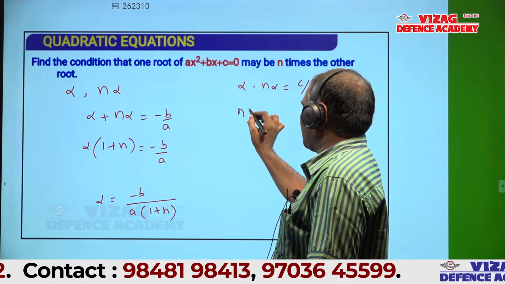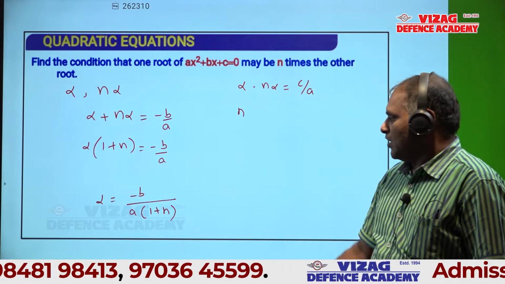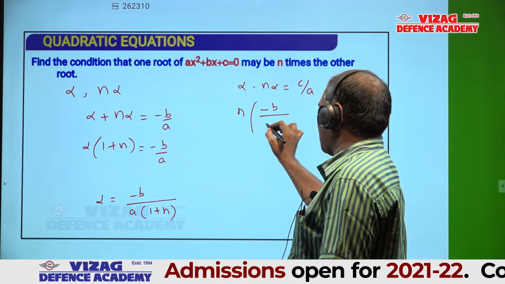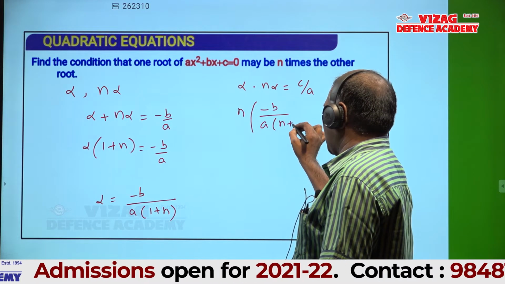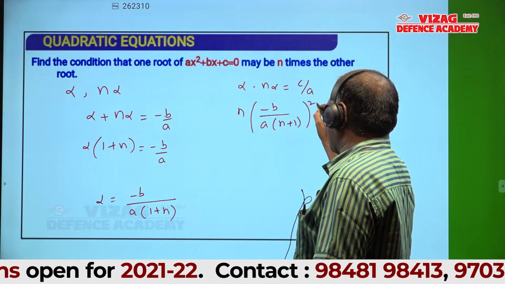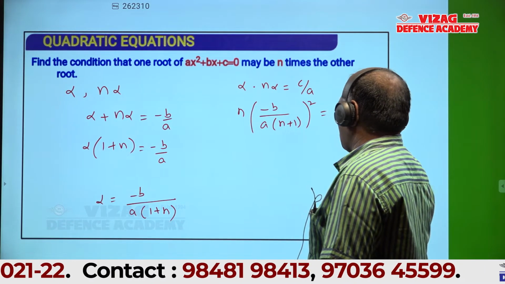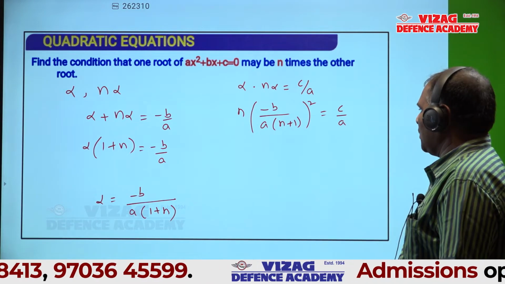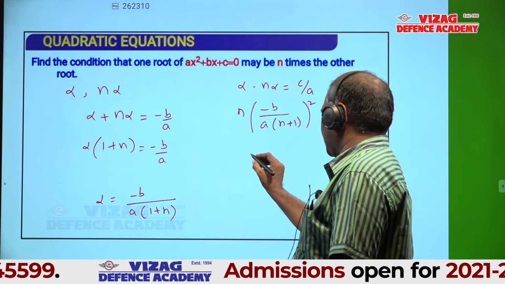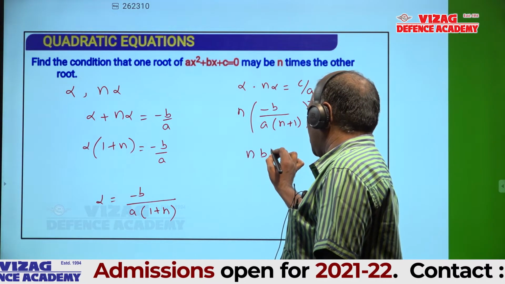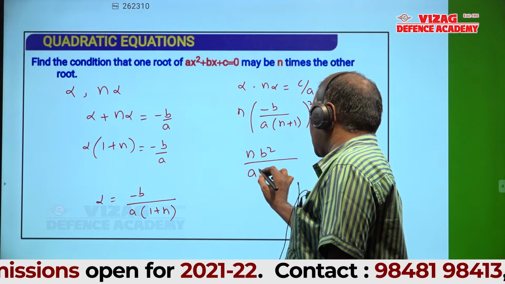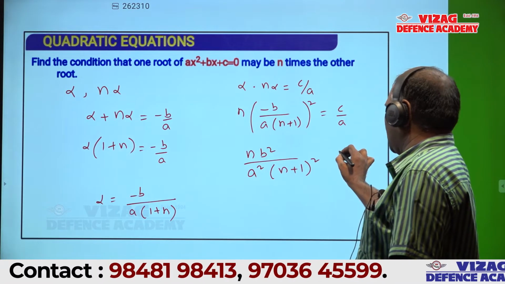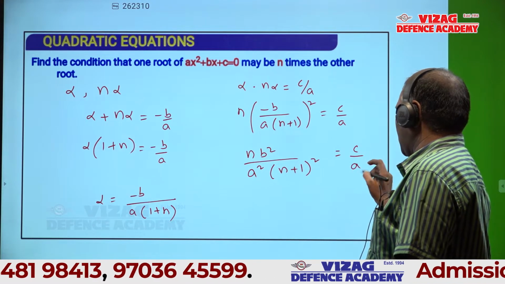Therefore, n alpha square, substituting alpha, is n into (minus b by a into (n plus 1)) whole square, which is equal to c by a. Simplifying, n into b square divided by a square into (n plus 1) whole square is equal to c by a.